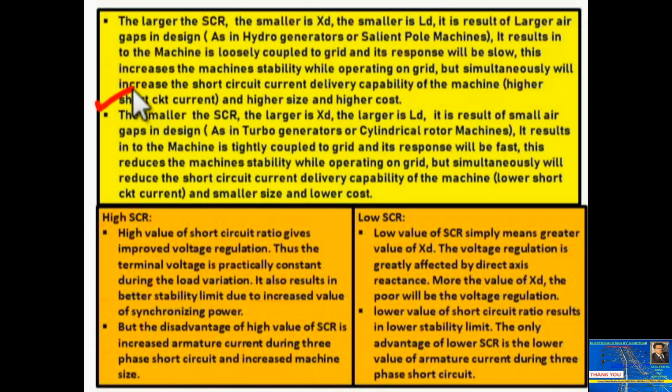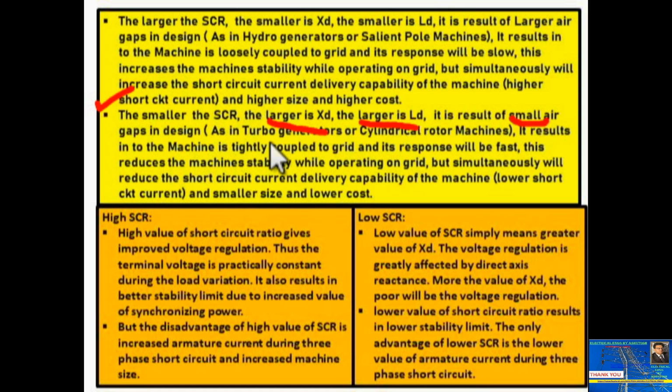In opposition to this, for a low value of SCR, the smaller the SCR, the larger will be the direct axis reactance and the larger the inductance, because here the air gap is small. If the air gap is small, reluctance will be small, and therefore the mutual inductance will be larger, and reactance is also larger.